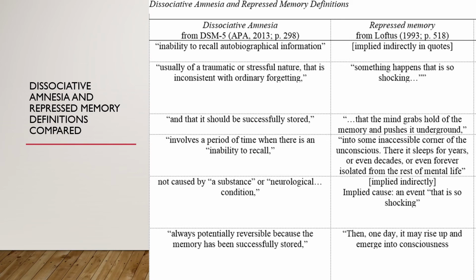And then it involves a period of time where there is an inability to recall. So even if you consciously want to recall it, you cannot recall it. Also, importantly, it is not caused by a substance or neurological condition, such as a drug, alcohol, or a bang to the head. And finally, it is always potentially reversible because the memory has been successfully stored.